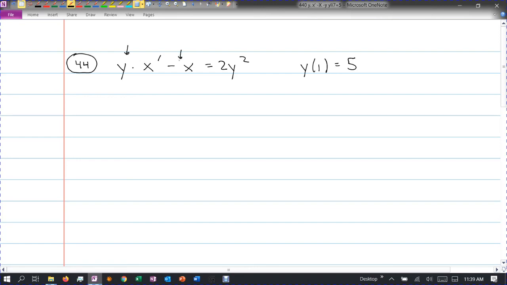Next one, 44. Okay, y dx dy, so I'm going to put y prime minus x equals 2y squared, and we're given that y of 1 is 5. Okay, I think you could handle this one because we're going to do it for x prime, so we've got a function of y in front, which is 1, and then over here we have a function of y.